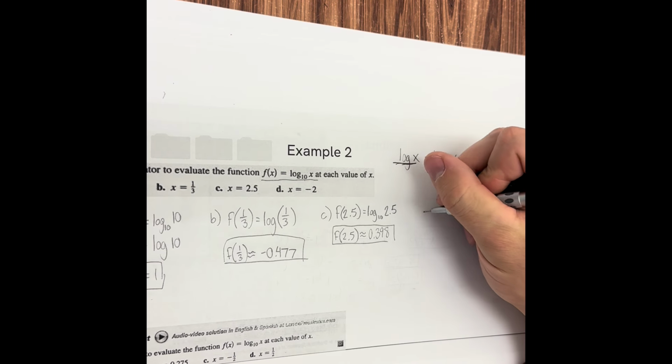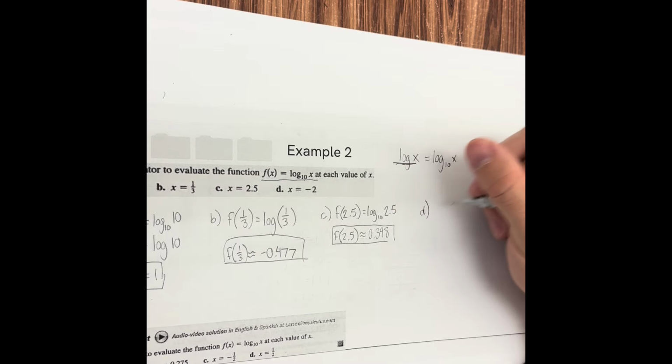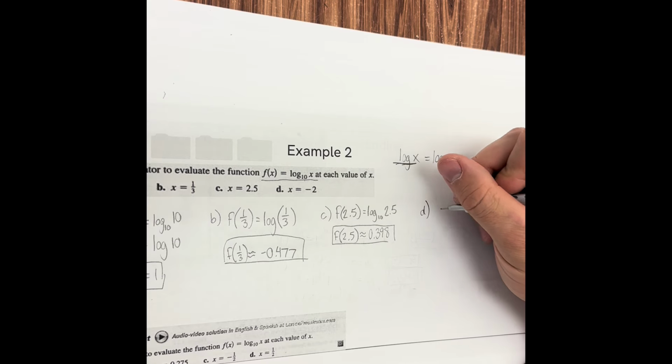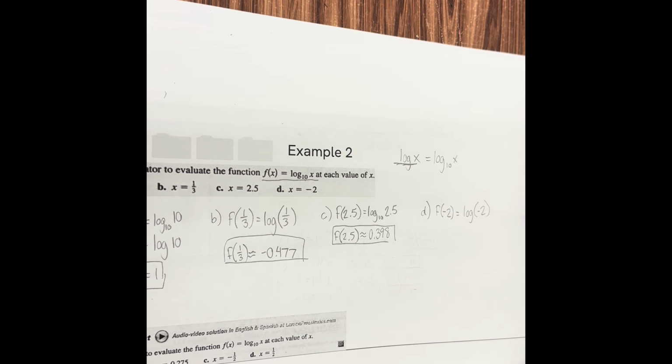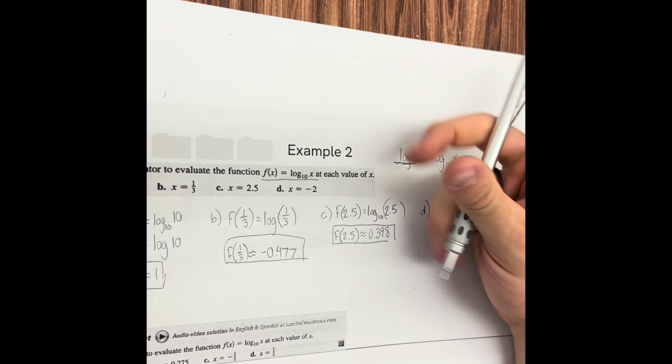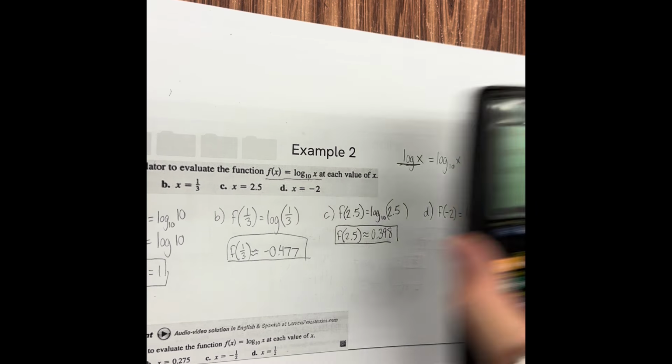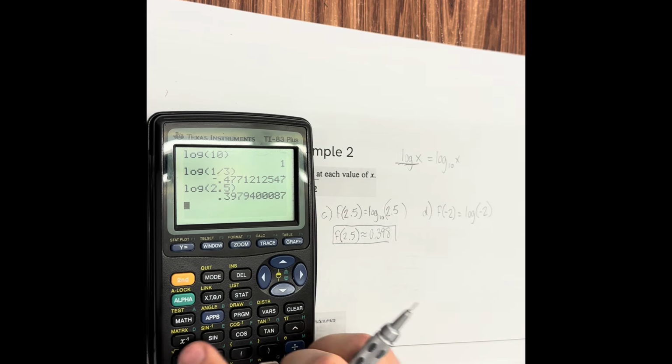Finally, letter D. This time we have x equals -2. So f of -2 equals log of -2. And again, we're going to see what happens here. You might remember this happening.